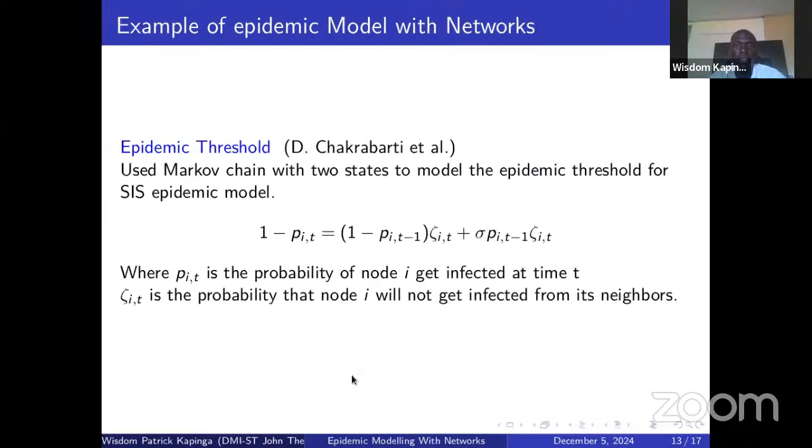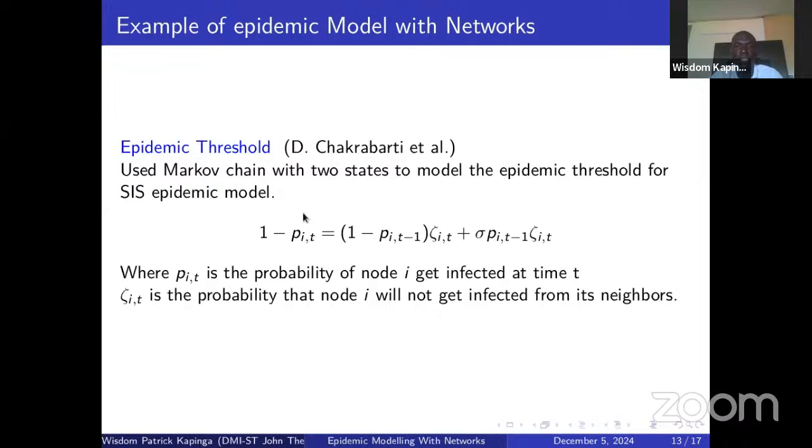And now, after we have discussed epidemic models with networks, let's quickly look at this example, which we have taken from someone who used a Markov chain with 2 states to model. If you're using the Markov chain with 2 states model, then we're just looking at people who are not sick and people who are sick.